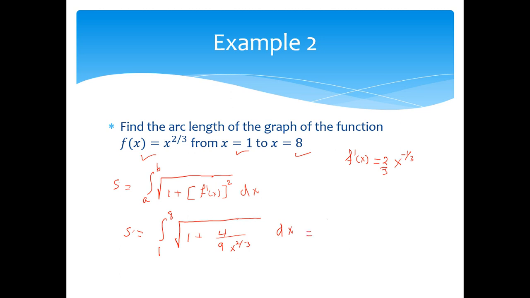That is going to be the integral from 1 to 8 of the square root of 9 x raised to power of 2/3 plus 4, divided by 9 x raised to power of 2/3, dx.